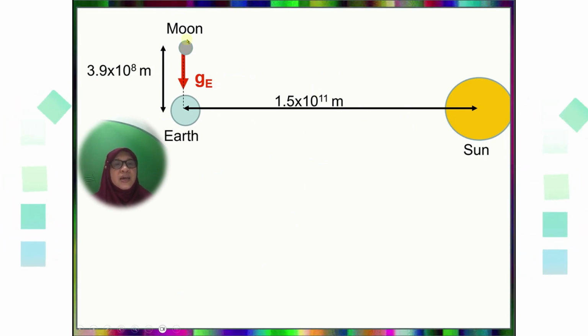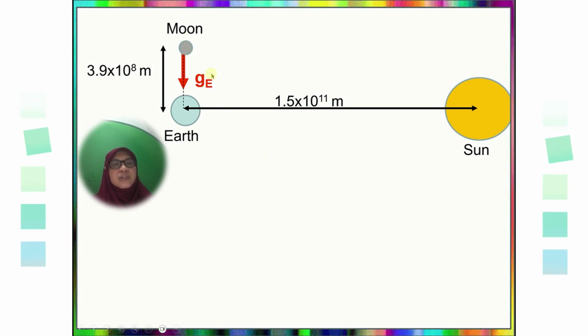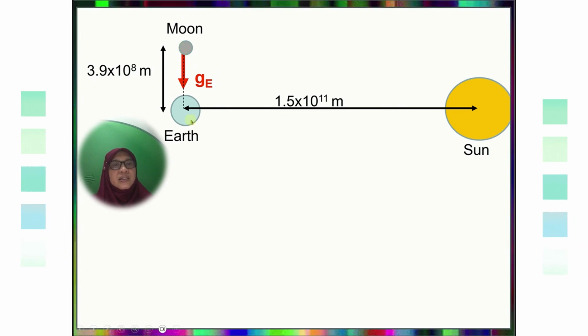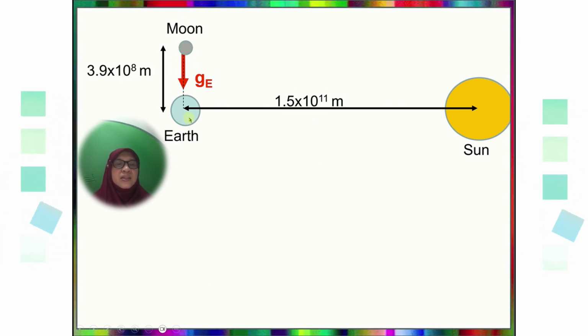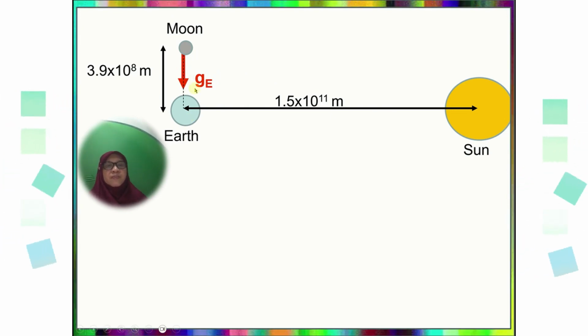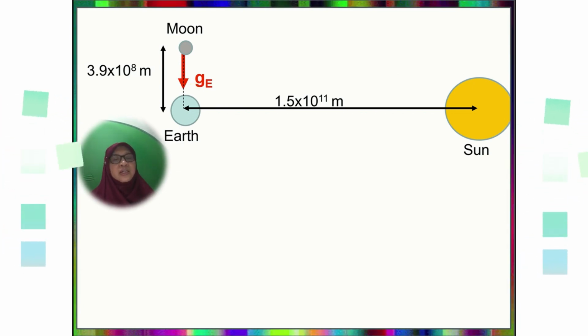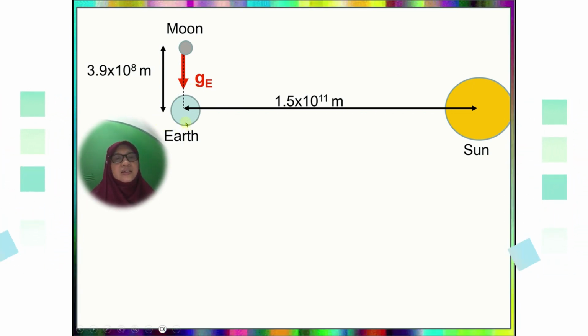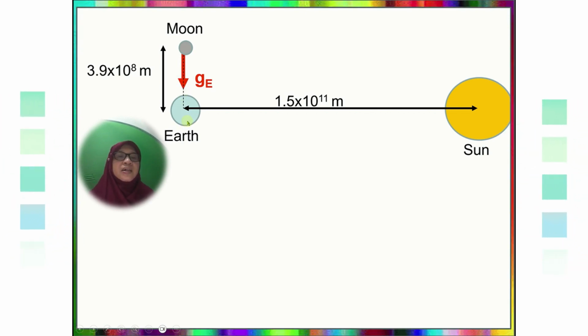At the moon position, the direction of the gravitational field is towards the earth, because the direction of gravitational force of the earth is radially towards the earth, and the gravitational field is radially towards the earth.